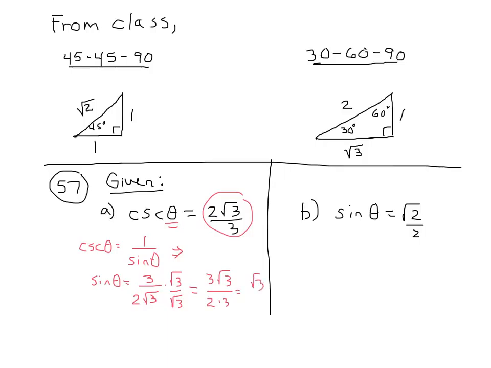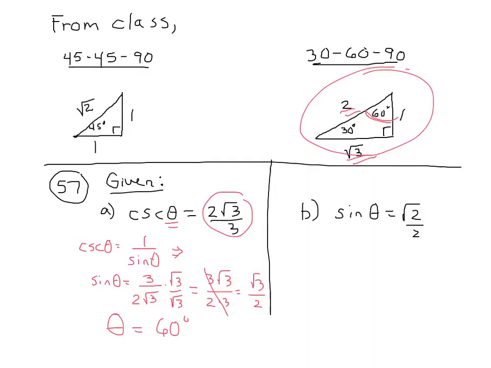That's radical 3 over 2 if I reduce. So sine is radical 3 over 2. Well, I know on a 30, 60, 90, sine is opposite over hypotenuse. In order to do opposite over hypotenuse and get square root of 3 over 2, I'd have to be going from the 60 to get opposite over hypotenuse. So that means theta is a 60-degree angle. Without a calculator, I can attack that.